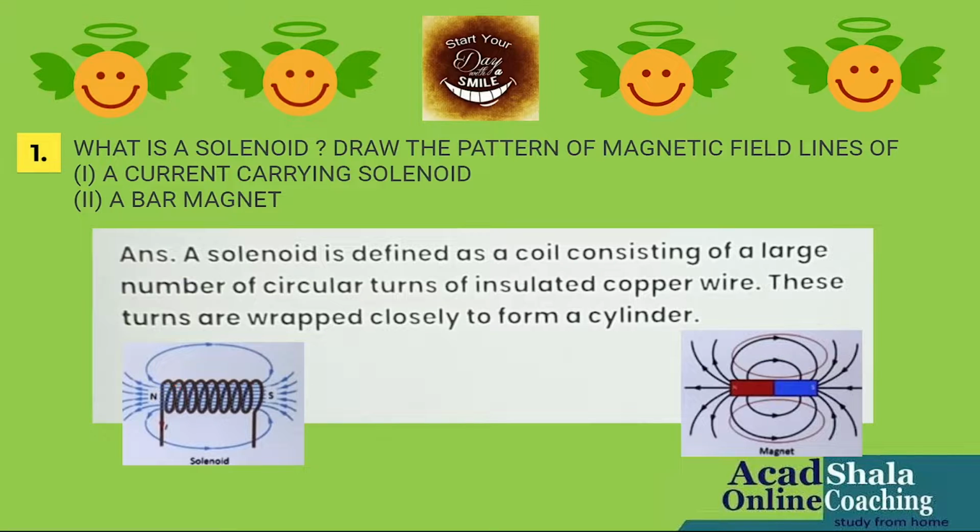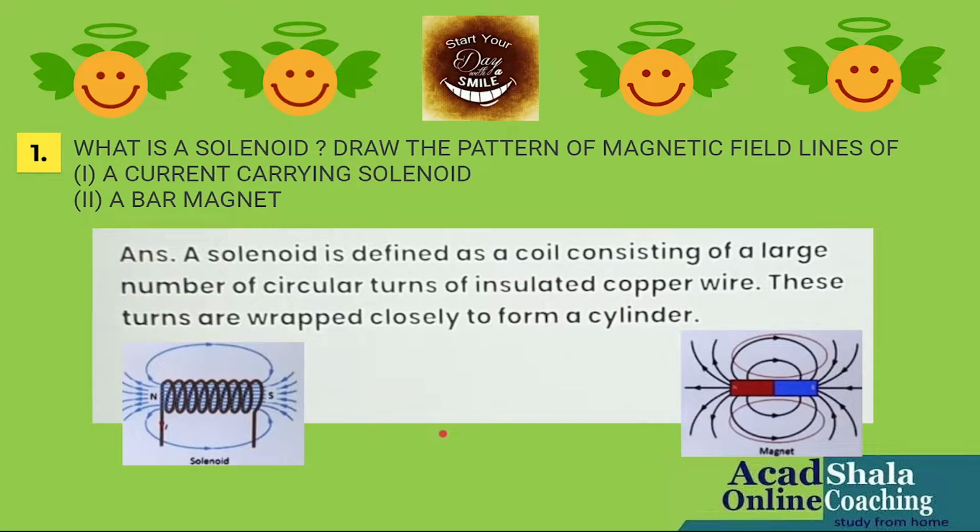Over here also, starting from the north pole, emerging and then terminating towards the south pole. So in both the diagrams, of the solenoid as well as the bar magnet, we have two poles, north and south pole, and the magnetic lines are emerging from the north pole and terminating towards the south pole.